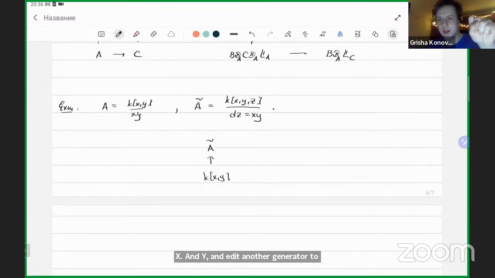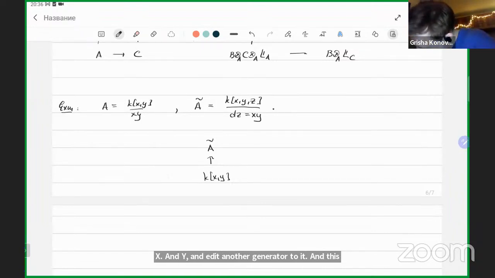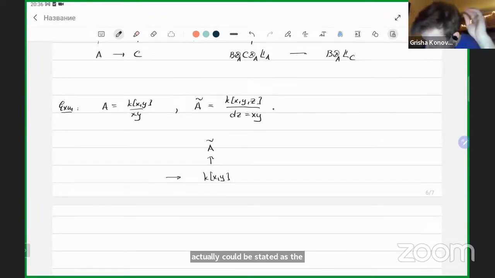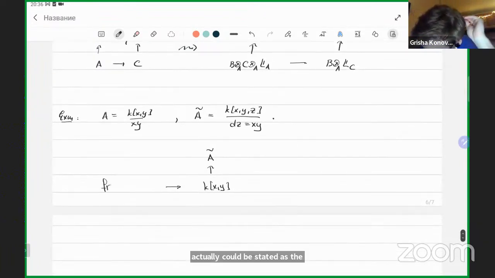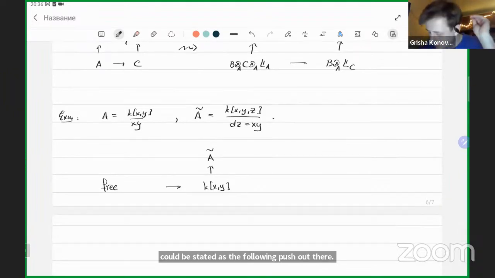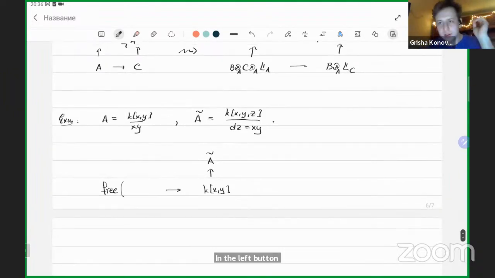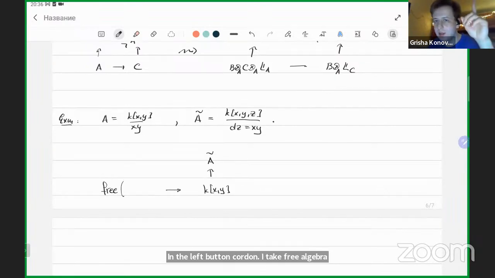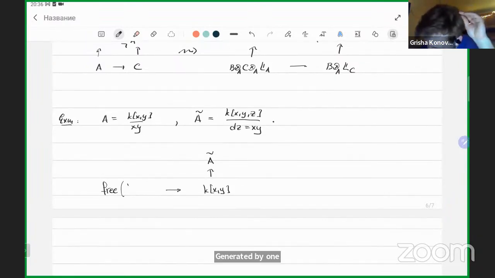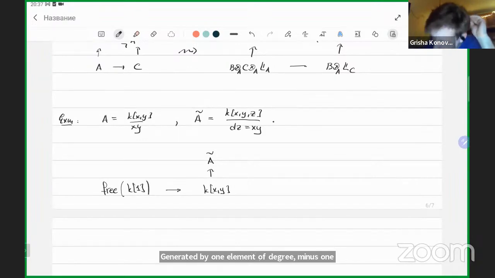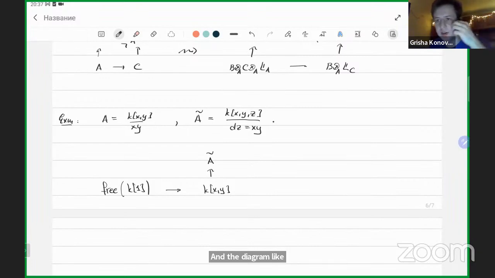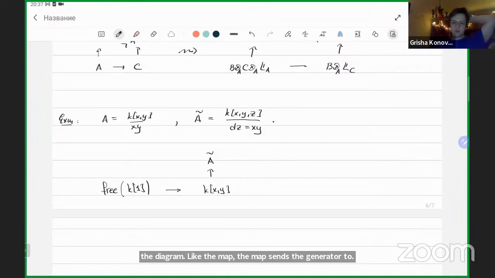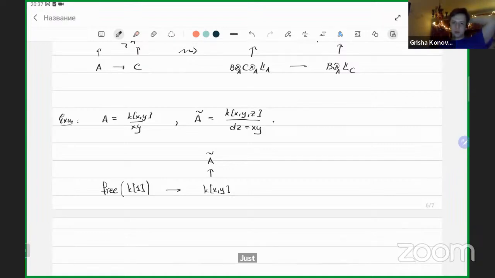And this actually could be stated as the following push-out diagram, where in the left bottom corner, I take free algebra generated by one element of degree -1. And the map sends the generator to, just a second, what it does.